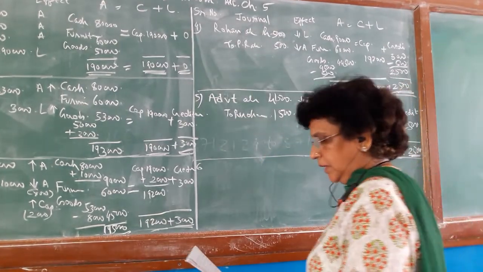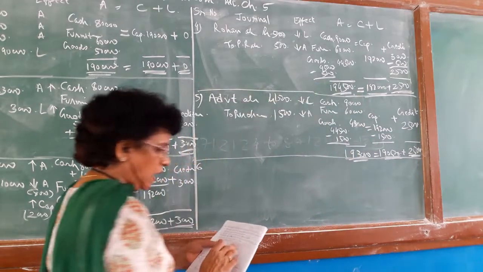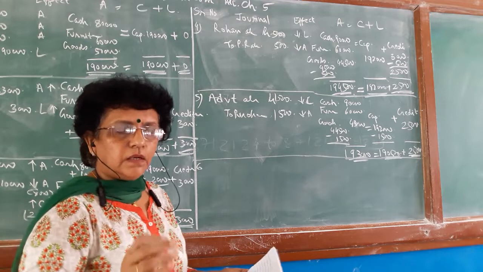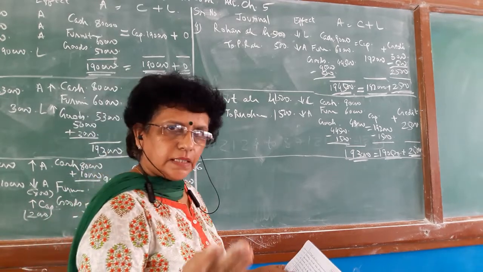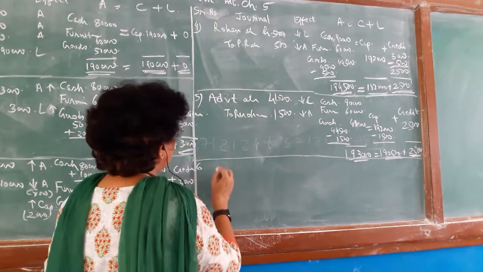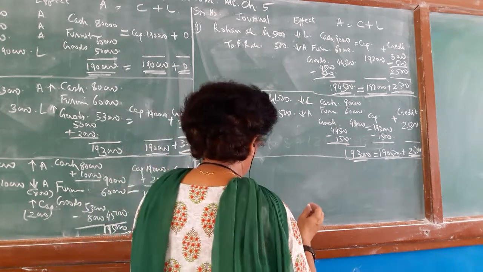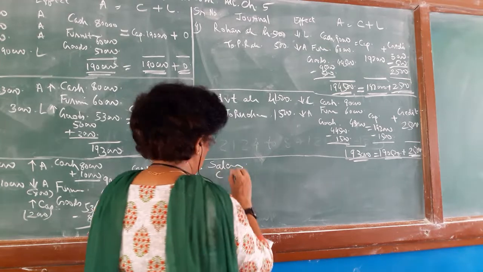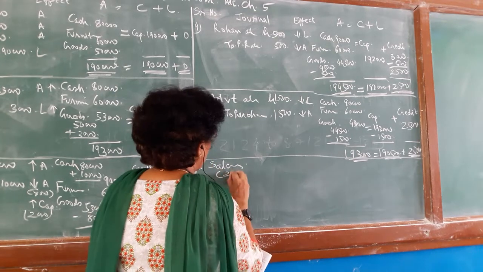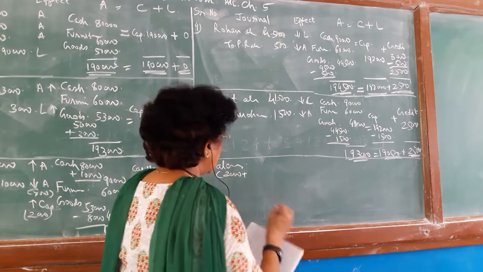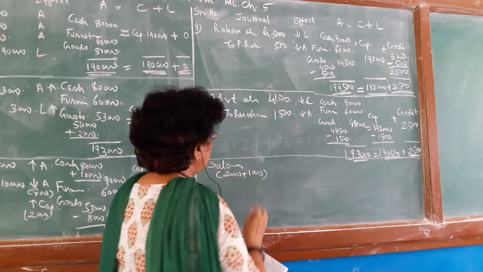Now see the last transaction. Salary paid 2,000 and outstanding salary 1,000. So here you are paying salary in cash form. So the entry is salary account debit. You have two aspects of salary: one, you are paying in cash, and another is outstanding salary of rupees 1,000.